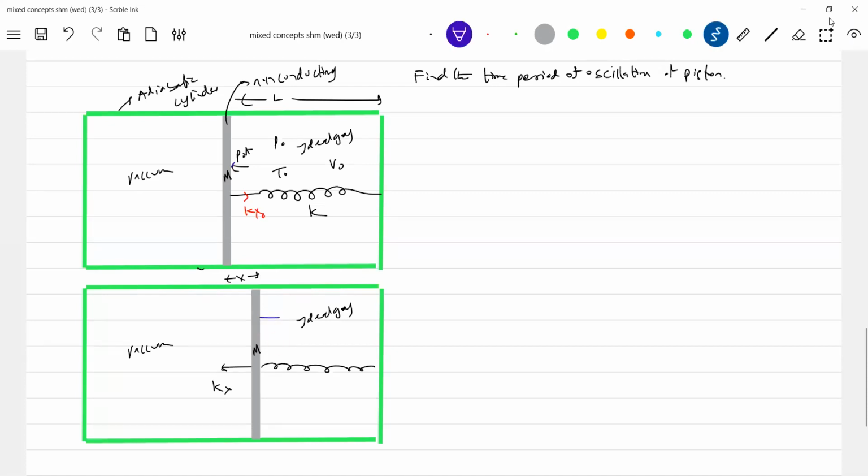Here the pressure, let it be P. Spring force will act, so how much will it be? Kx naught plus x, because there was already some elongation.